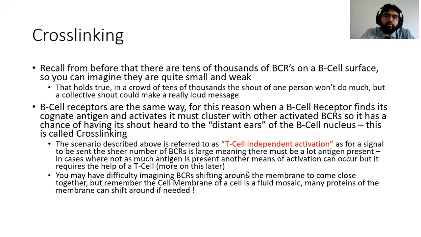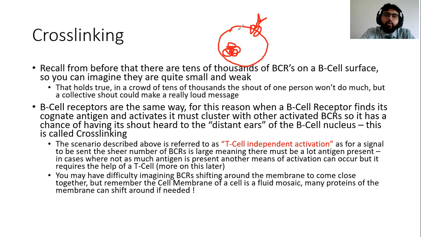So cross-linking is an interesting type of thing, and I think one way you could probably say you have the B-cell receptor, right? You have the nucleus. Then you have your Ig alpha and beta. Okay, we'll just say this is the nucleus.